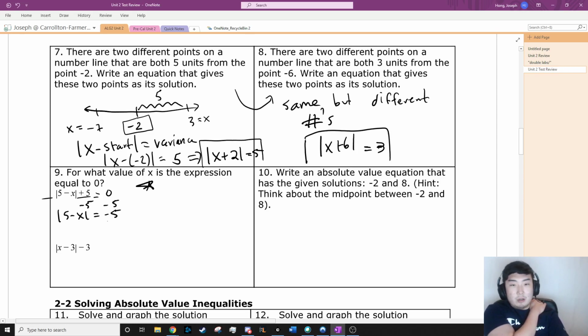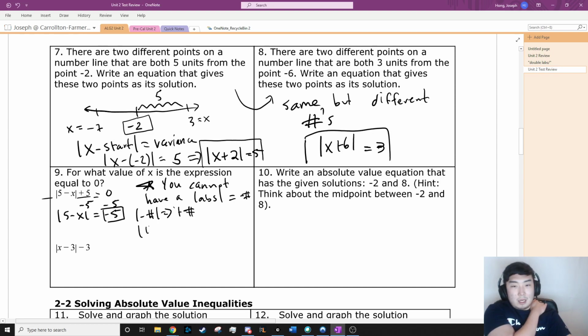This is a special note here because I noticed that I have a negative by itself. You cannot have an absolute value equal to a negative number. And that has to make sense because we said that the absolute value of a negative number turns positive.